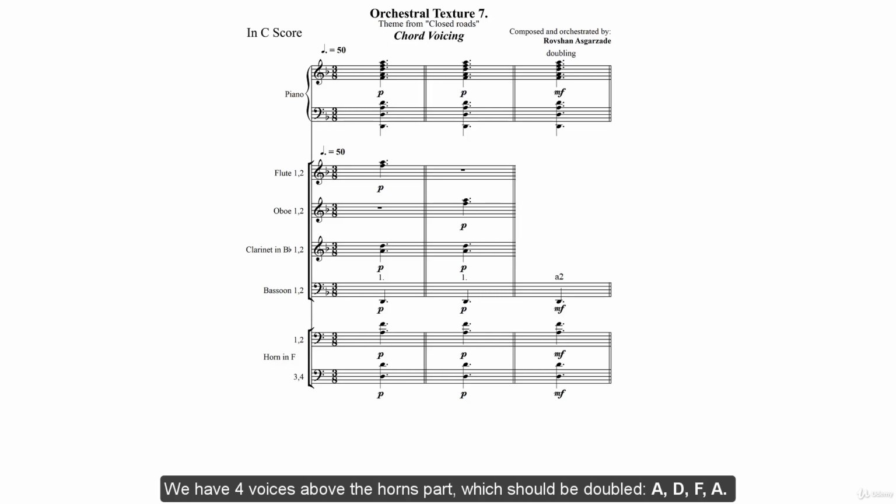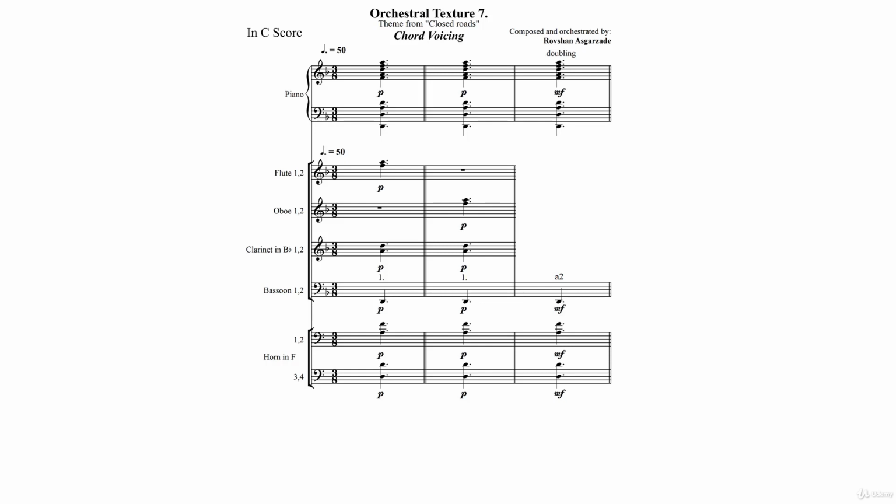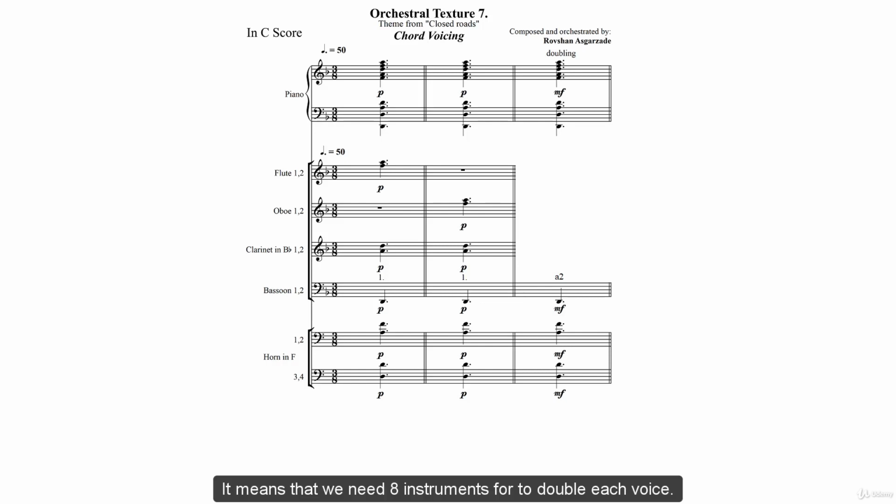We have 4 voices above the horns part, which should be doubled: A, D, F, and A. It means that we need 8 instruments to double each voice. But we have only 6 instruments: 2 flutes, 2 oboes, 2 clarinets.